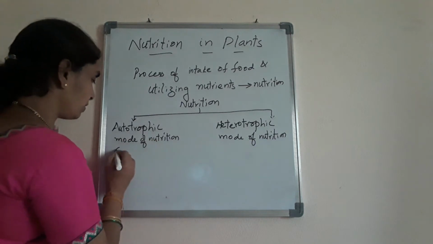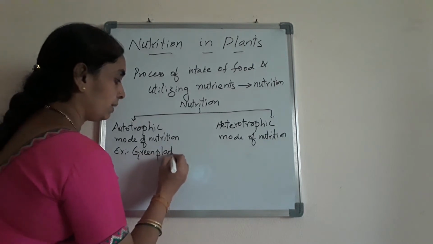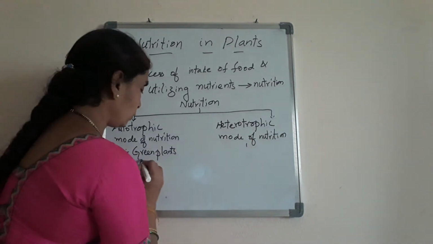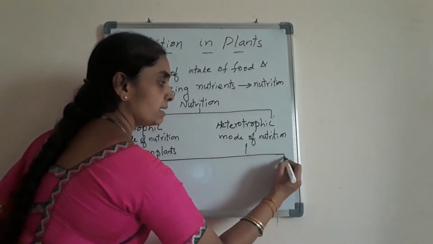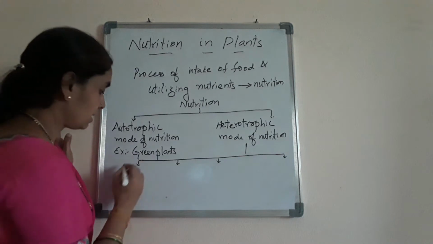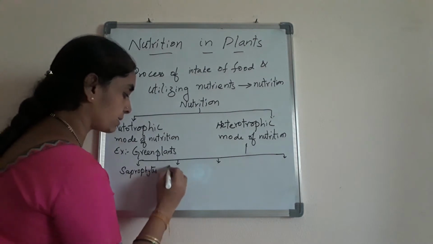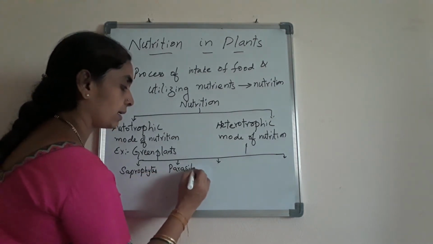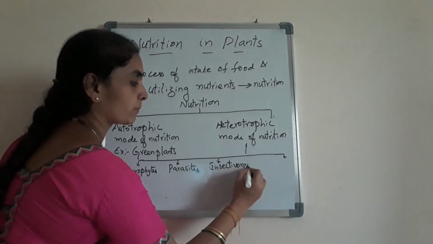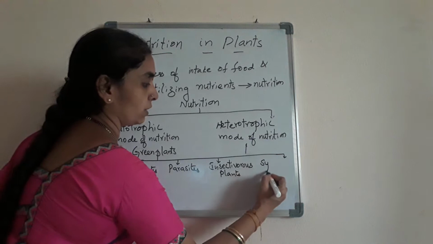So examples of the autotrophic mode of nutrition are all green plants, whereas the heterotrophic mode of nutrition is seen in different types. They are called saprophytes, parasites, insectivorous, and the last type of plants being symbionts.